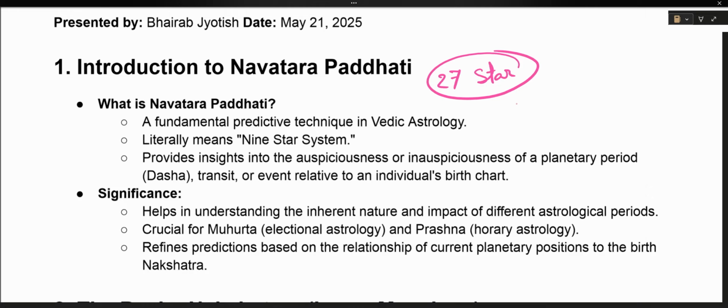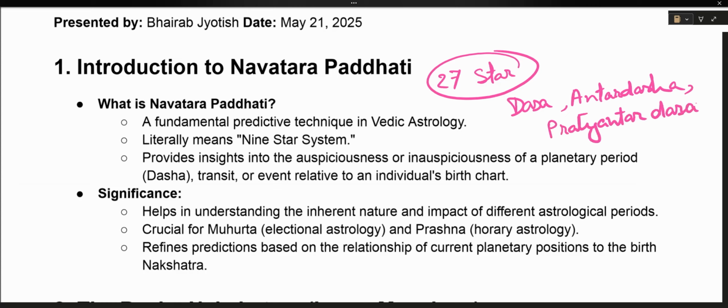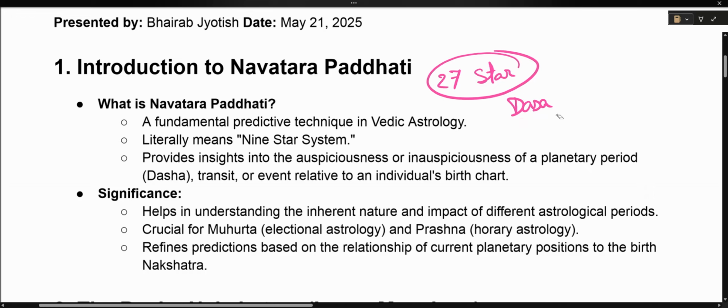Dasa means the major period, and the antardasa, also called antara, is the sub period. Then we have the pratyantara dasa. This is the main period, this is the sub period, and then the sub-sub period. Which period, and how the planet will give you the result, that we will discuss here.